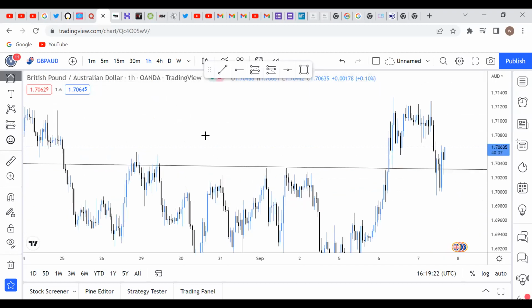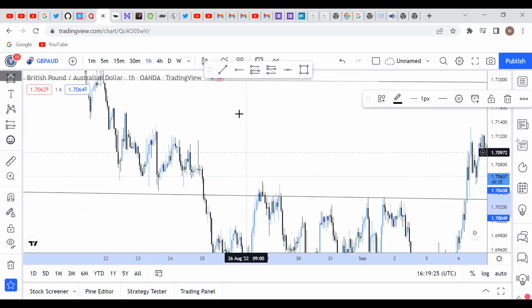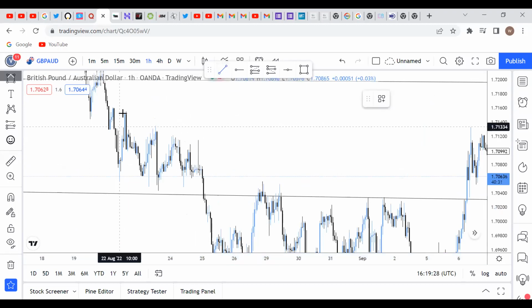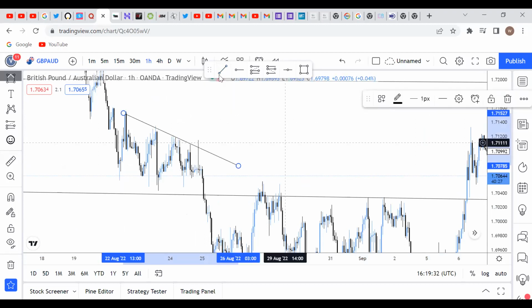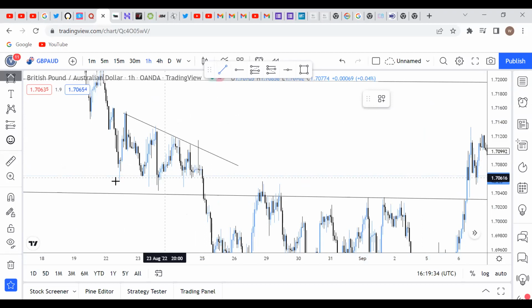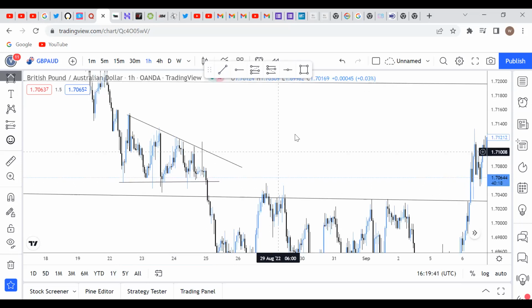Any kind of triangle. If you're going to do a triangle, you connect the utmost outer points like we did for trend lines and join them. If I join that like that, then I come down and join the points I see, like that. That's what we call a descending triangle.